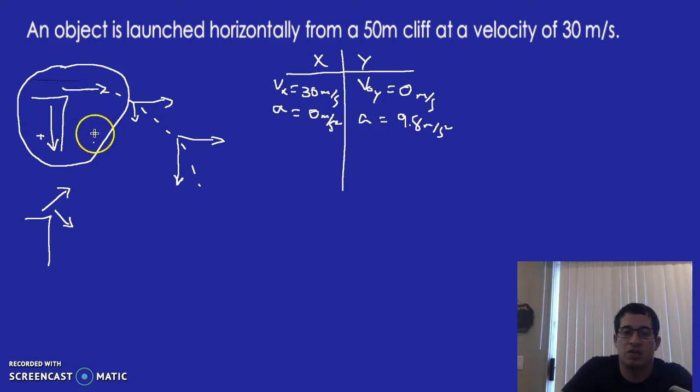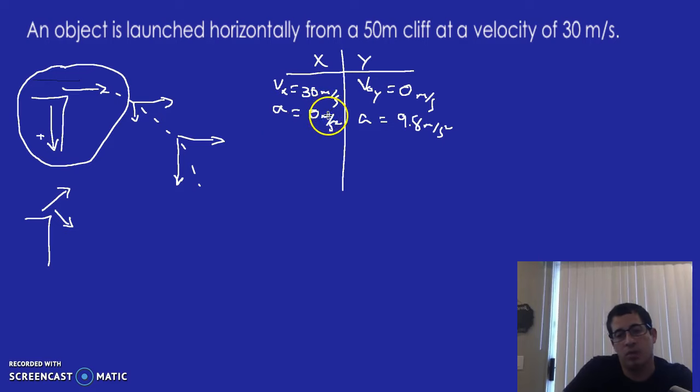Acceleration from gravity is downward. We can't take something that's in the vertical direction and put it in the horizontal direction because they're independent of each other. So projectiles flying through the air have 0 horizontal acceleration.